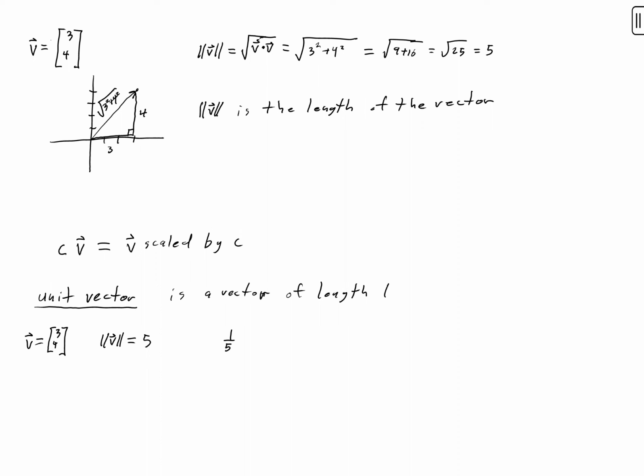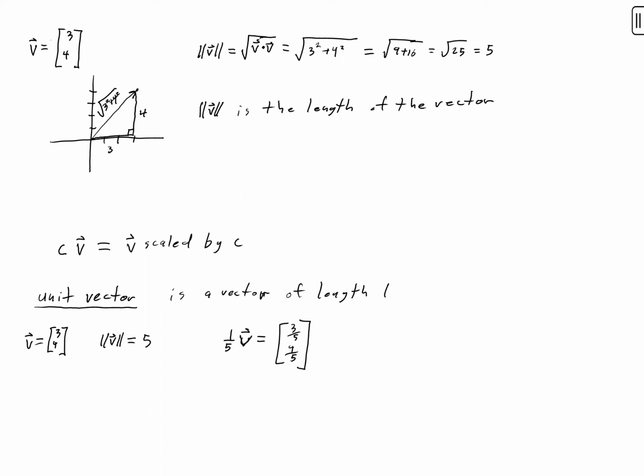If I take 1/5 times v, I'm going to get (3/5, 4/5), and that should have a length of 1 because I scaled it by 1/5 when it had a length of 5. But let's double check and make sure that this actually worked.